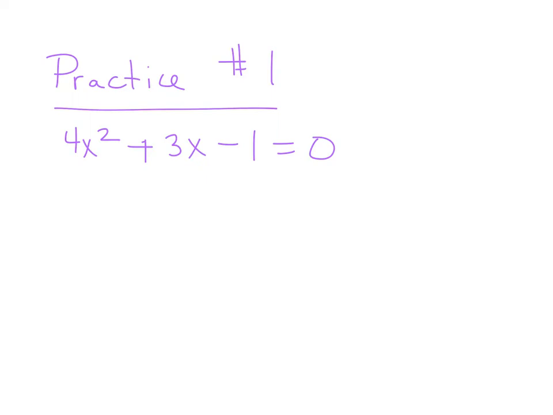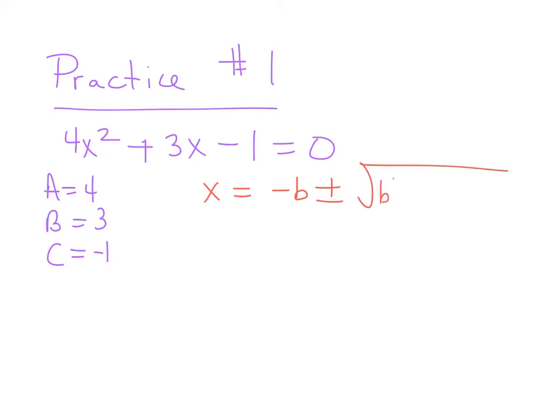Okay, I'm going to go over this. So first thing, it's already equal to 0. My a is 4, my b is 3, and my c is negative 1. I always get in the habit of writing out the formula x equals negative b plus or minus the square root of b squared minus 4ac all over 2 times a, because once you write it enough, you'll memorize it.